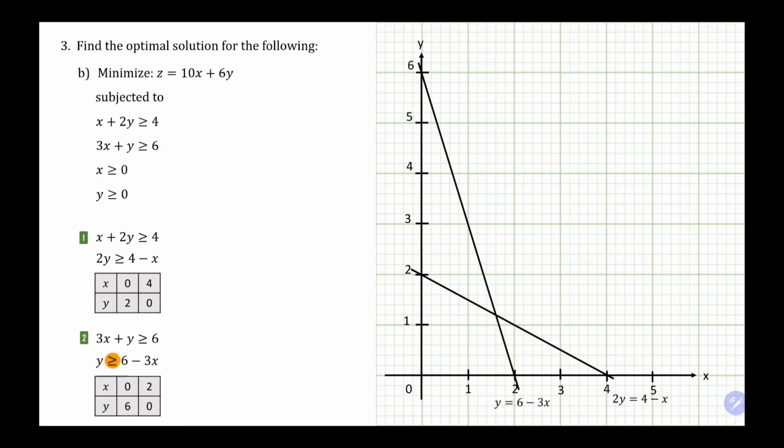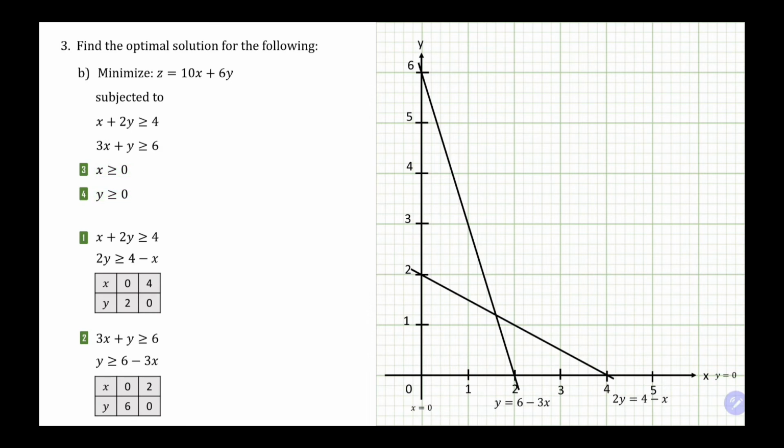Same solid line, since the function uses greater than or equal. Then we label y equals 6 minus 3x. And next, we have x greater than or equal to 0, y greater than or equal to 0. So, x equals 0 on the y axis, and y equals 0 on the x axis.